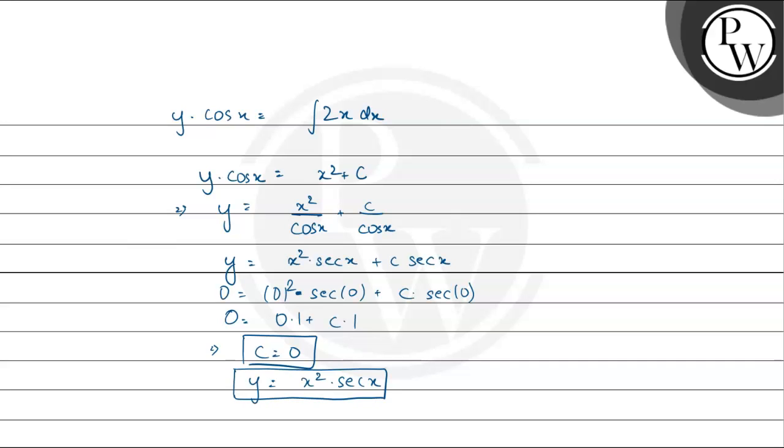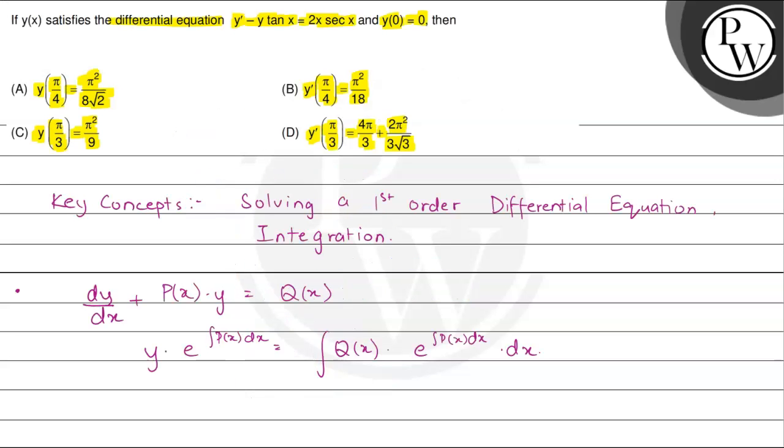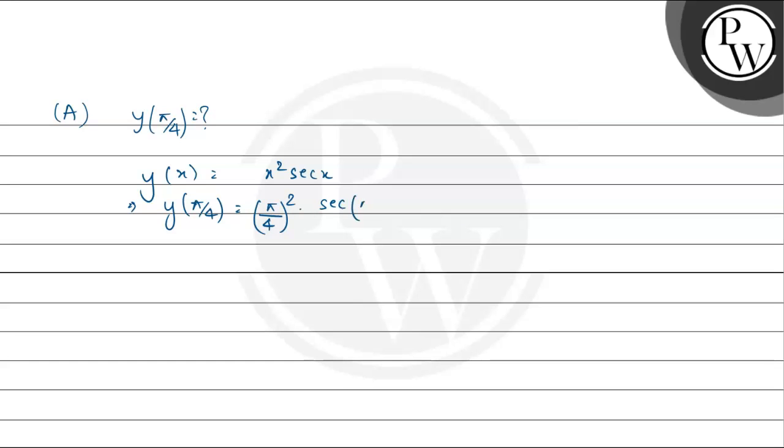Now, we were asked what is the value of y of pi by 4 in option A. So y of x was found to be x square times sec of x, which implies that y of pi upon 4 would be pi upon 4 whole square times sec of pi upon 4.